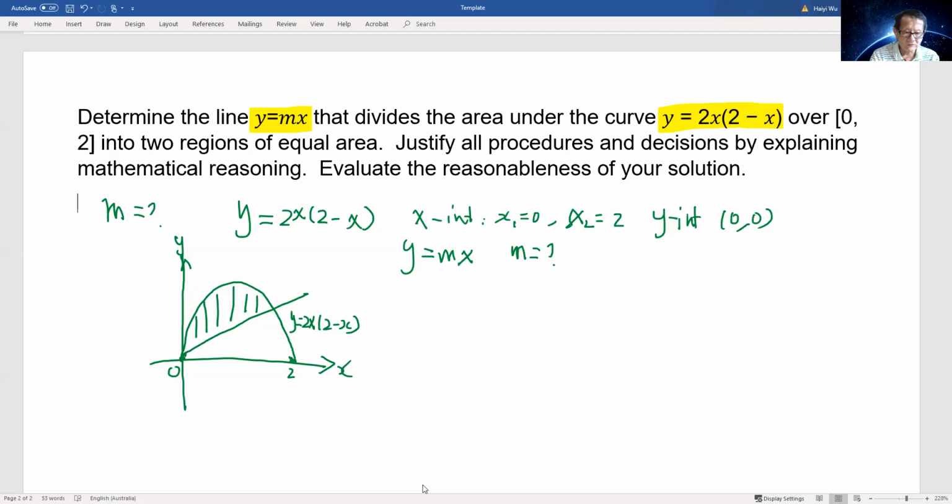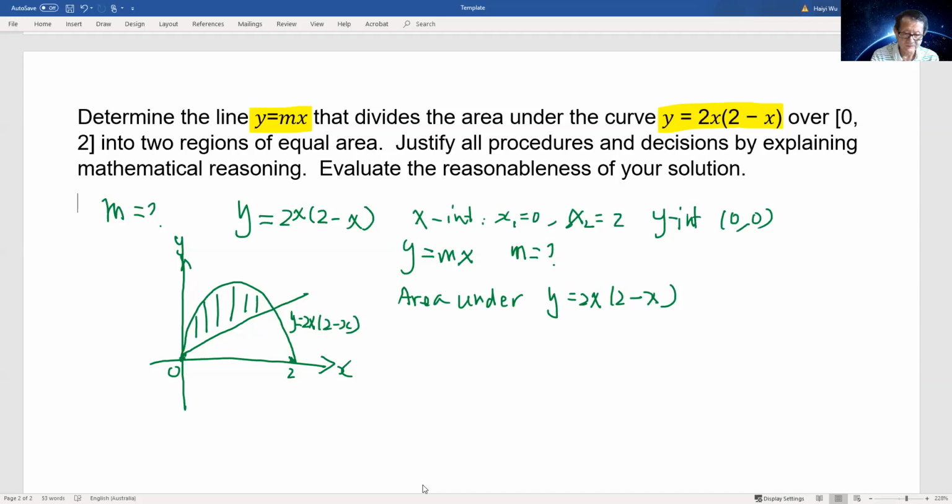But what is the total area under this curve? Under y equals 2x(2 minus x), first of all, we need to find the area under y equals 2x(2 minus x). To do that, we need to do integration.